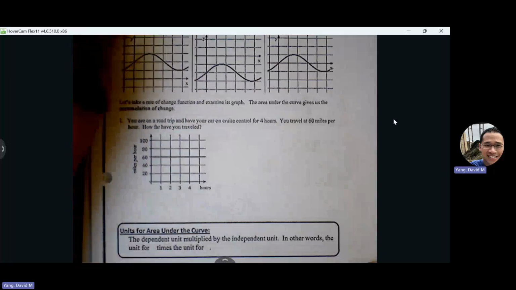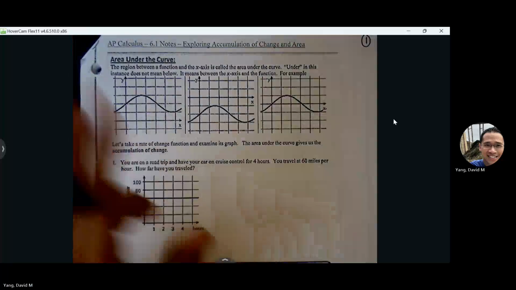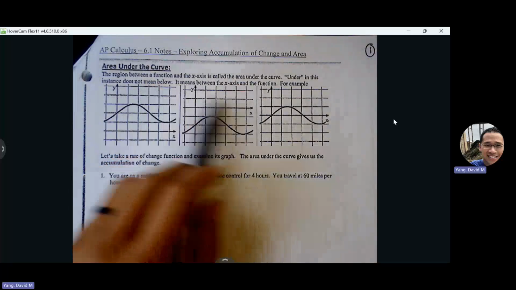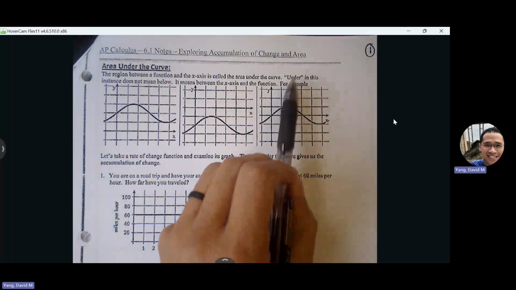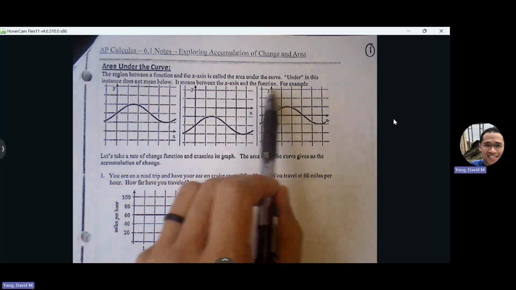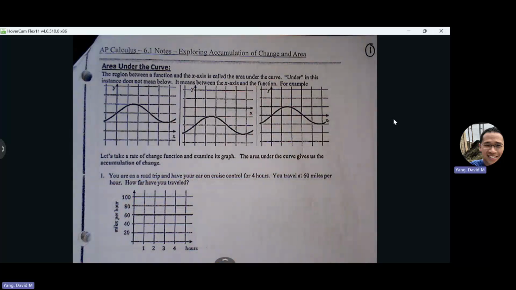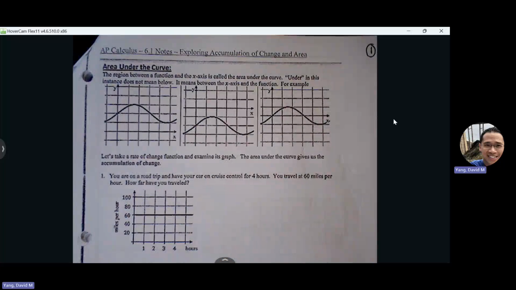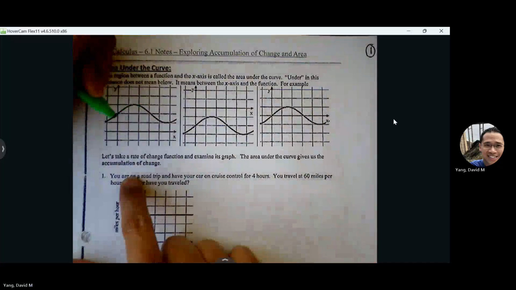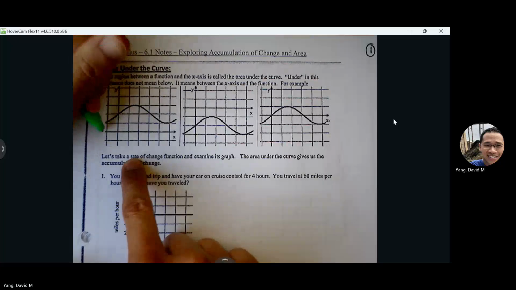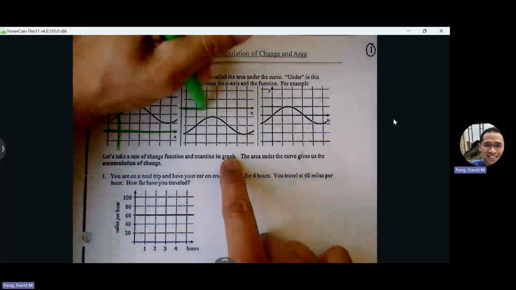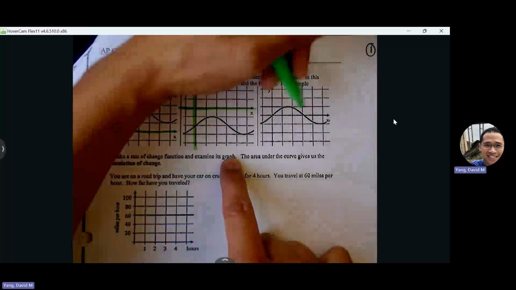Okay, so we're going to be focused on area between the graph and the x-axis. So the area under the curve, when we talk about area under the curve, under doesn't necessarily mean below, it means between the x-axis and the function. So this is my x-axis here. Here's my x, here's my y.